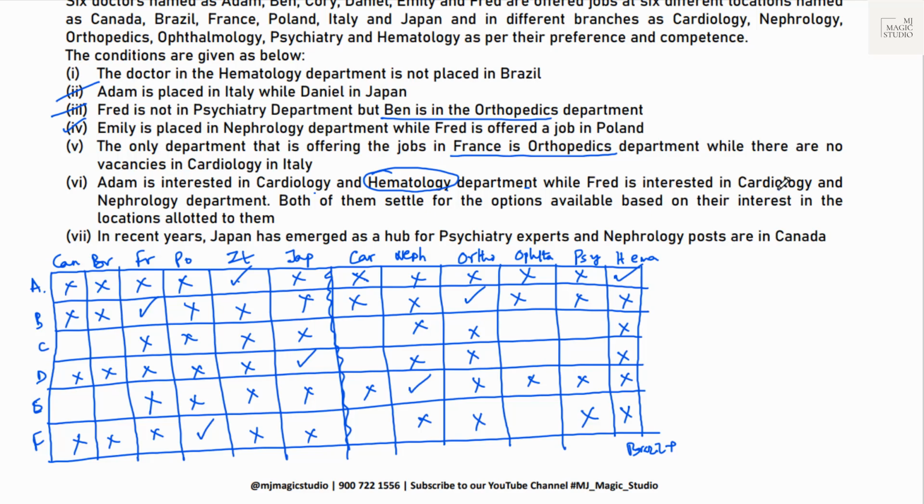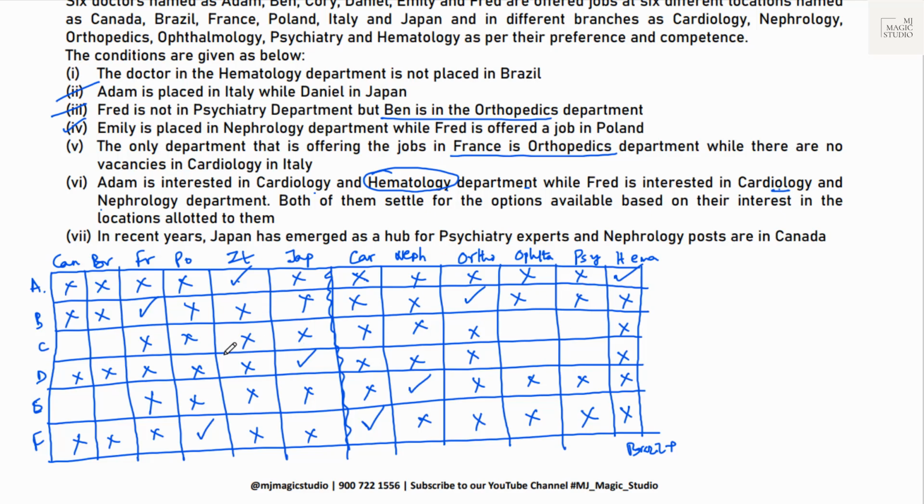While Fred is interested in cardio and nephro. Now Fred is cardio, nephro, but nephro is already taken up by E. That means Fred is going in cardio. Fred is Poland, cardio. Both of them settle for the option available based on their interest in the location allocated to them. In recent years, Japan has emerged as a hub for psychiatry.